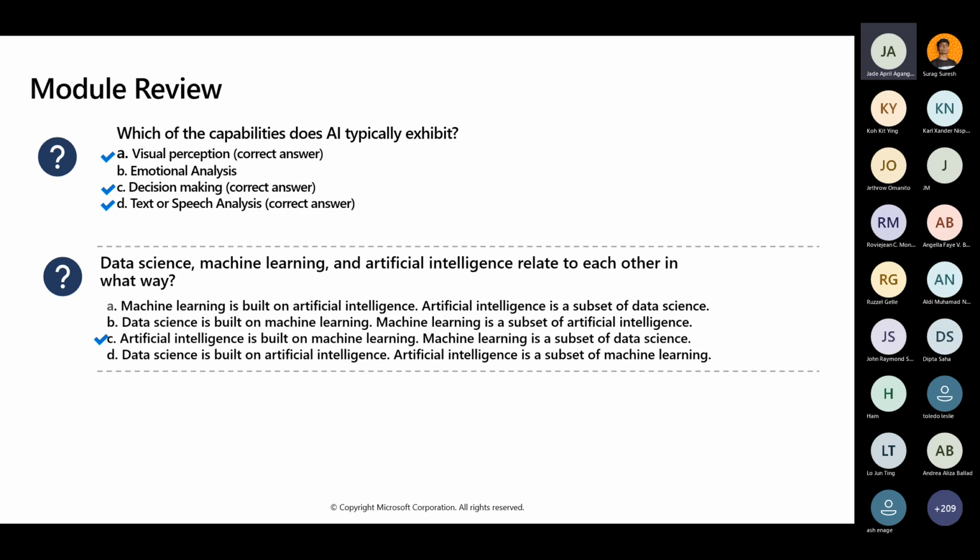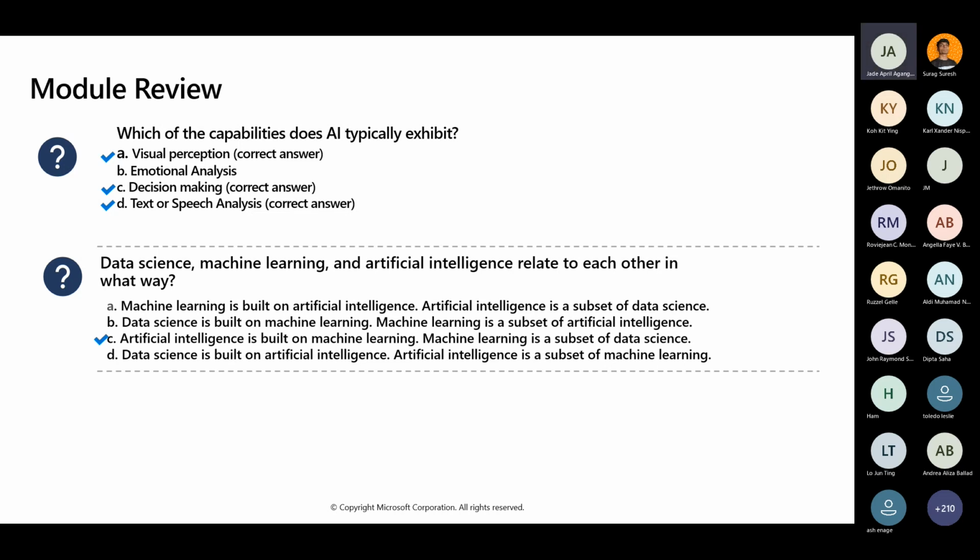Let's go to number 2. Let me see. There's no answer. So data science, machine learning, and artificial intelligence relate to each other in what way? Is it A, machine learning is built on artificial intelligence, and it is a subset of data science? Or letter B, data science is built on machine learning, and machine learning is a subset of artificial intelligence?